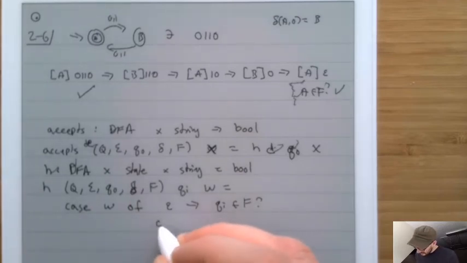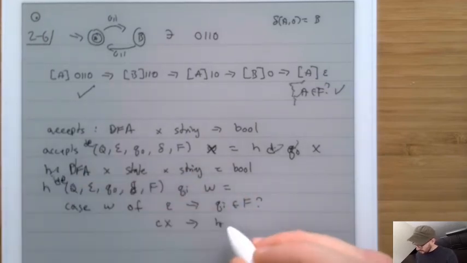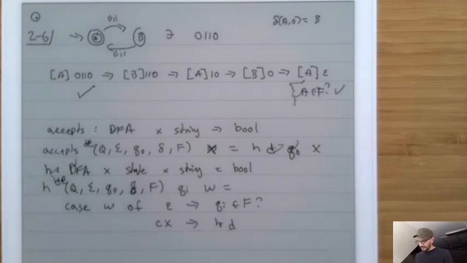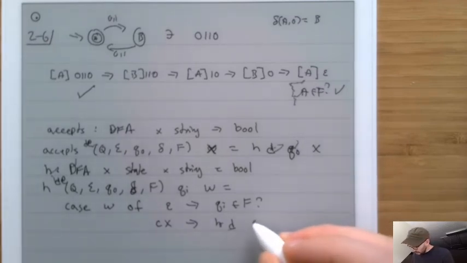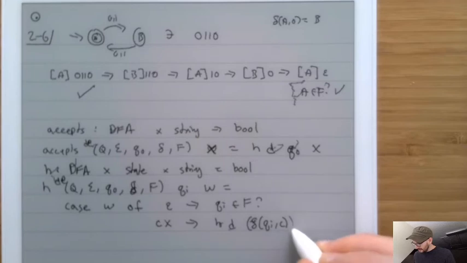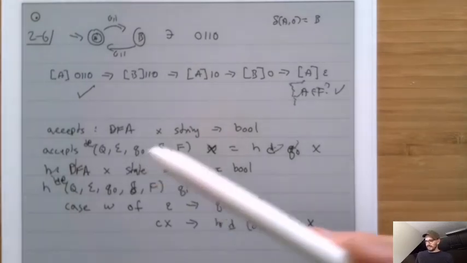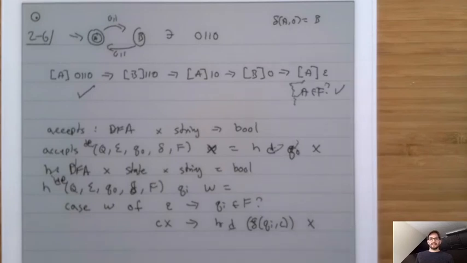Otherwise, we're going to get Cx, in which case we're going to call the helper function with D, the whole DFA, and then we're also going to give it the delta function called on Qi and C, and then X. And so this right here is a little definition of the function that will take a DFA, a string, and return a Boolean that says whether or not the string is in the language.